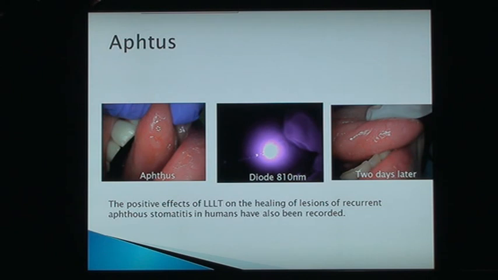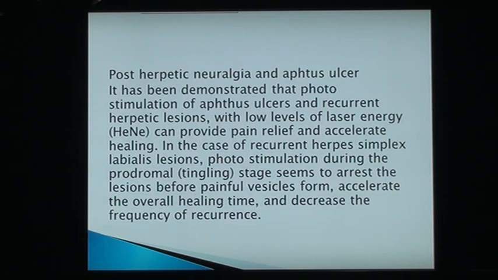The positive effect of low-level laser therapy on the healing of lesions of recurrent aphthous stomatitis in humans has also been recorded. For post-herpetic neuralgia and aphthous ulcer, it has been demonstrated that photostimulation of aphthous ulcers and recurrent herpetic lesions with low levels of laser energy by helium neon can provide pain relief and accelerate healing.